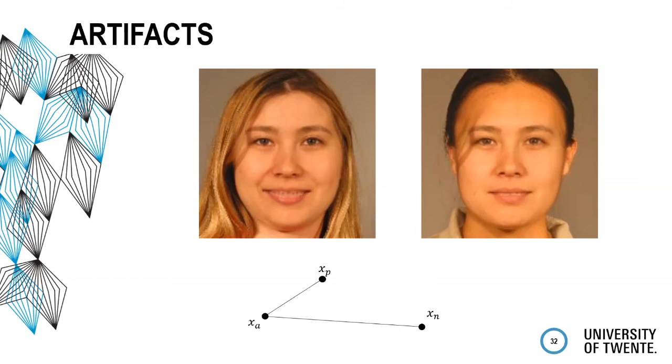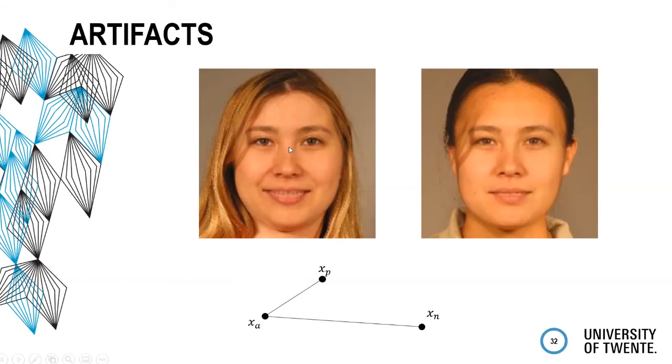And what we don't want to happen is that the network is able to separate genuine pairs that consist of an anchor and a positive, and imposter pairs, anchor and negative, based on these artifacts. We would like it to learn that a face compared with a morph is not a true match because the identity information is not sufficiently similar.